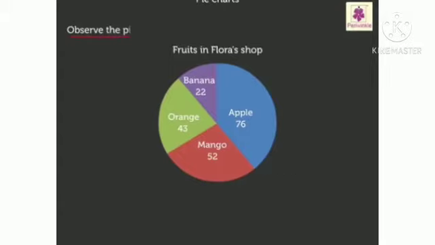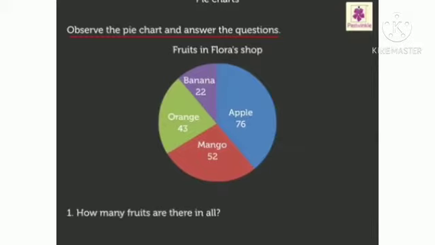Now observe this pie chart and answer the questions. 1. How many fruits are there in all? So here we find the total number of fruits, that is 76 plus 52 plus 43 plus 22, which is equal to 193.